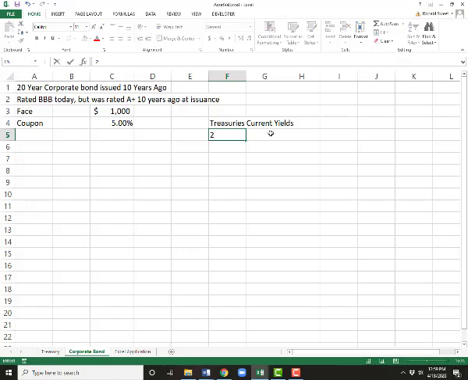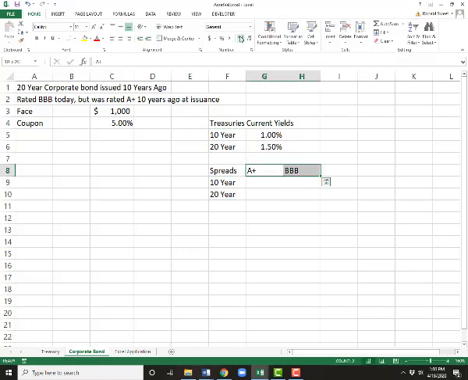And let's say the 10-year Treasury, I'm going to use bogus numbers because the current rates are so low, so let's just pretend it's 1%. And let's say the 20-year Treasury, the current rate, is 1.5%. All right, and let's do some spreads. Again, we'll do 10-year and 20-year, and we're going to do A+ bonds and BBB bonds.